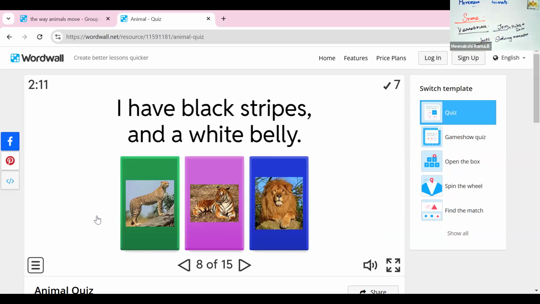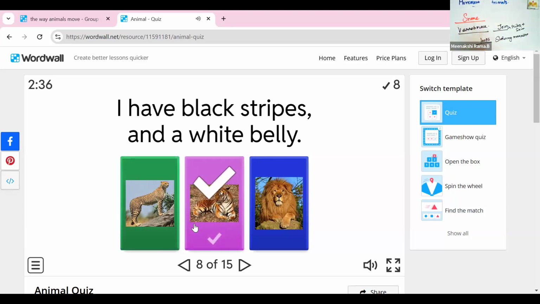I have black stripes and a white belly also. Who has black stripes and a white belly? Anyone can answer for that?